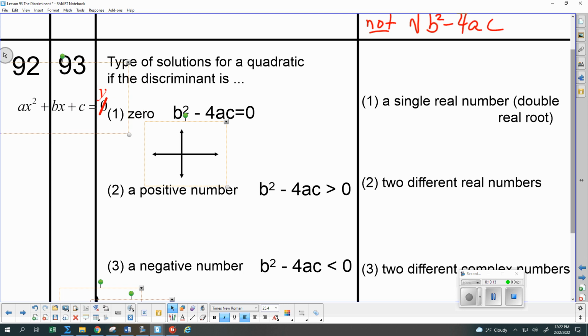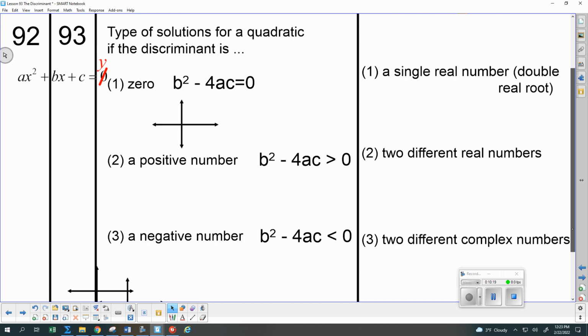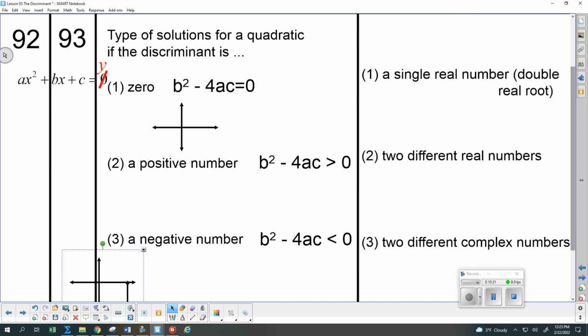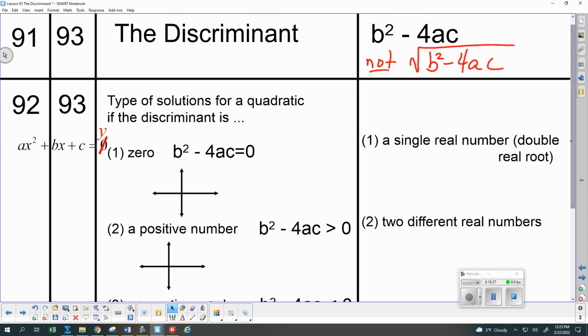If we change that ax squared plus bx plus c equals 0 to an ax squared plus bx plus c equals y, and so in this case, if we have a single real number, it means that the vertex is on the x-axis.